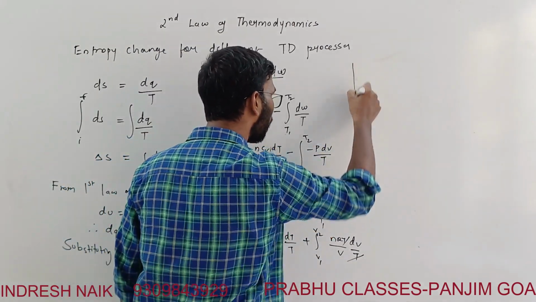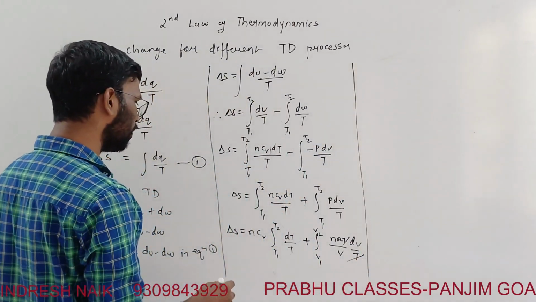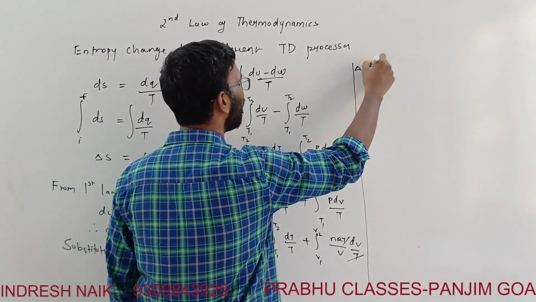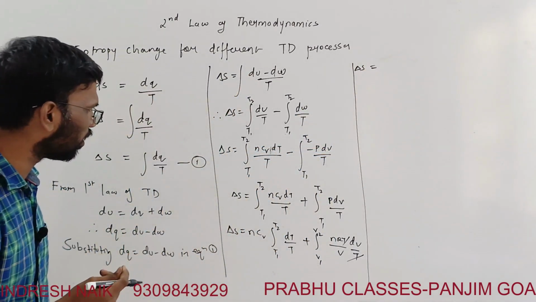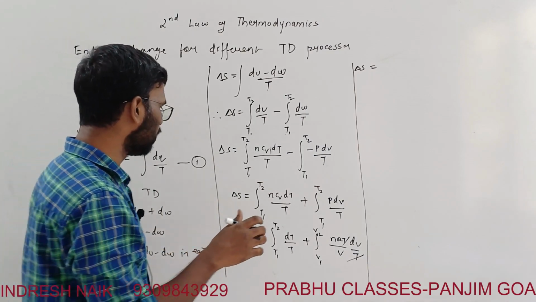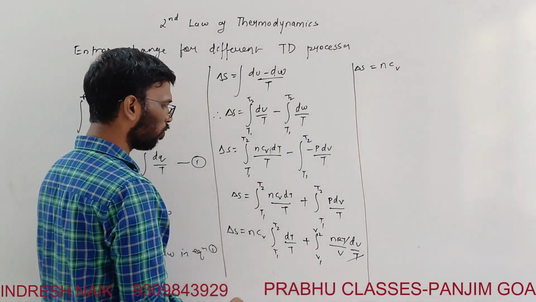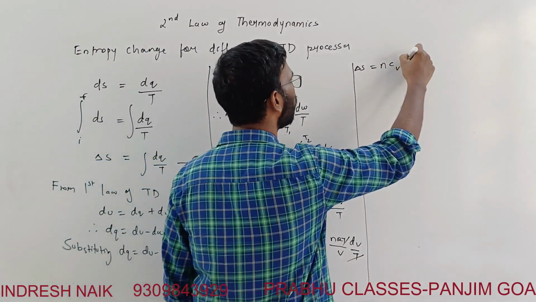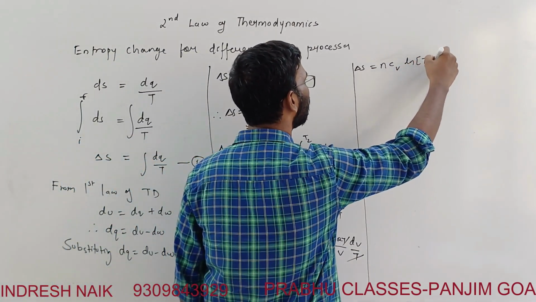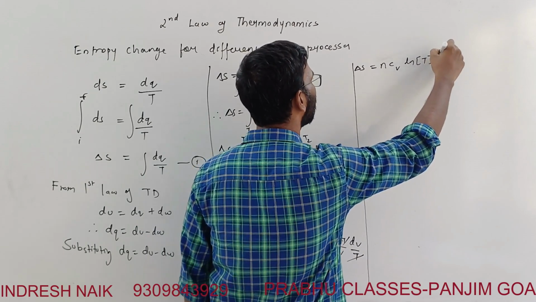So further, what I get in the equation is delta S, I am writing a little small just to fit into this space. So what would this be? n Cv integral of 1 by T will be equal to n Cv ln of T1 to T2.